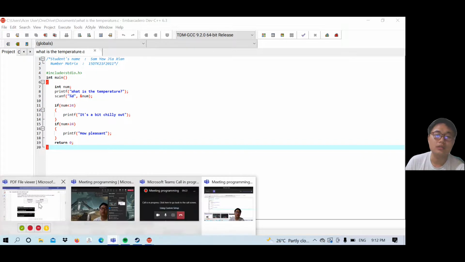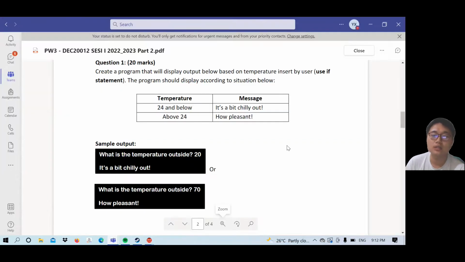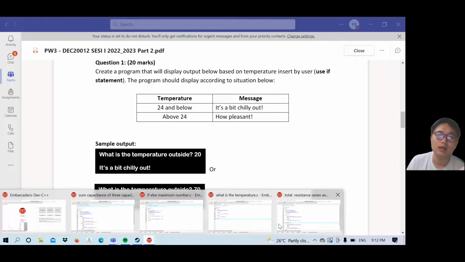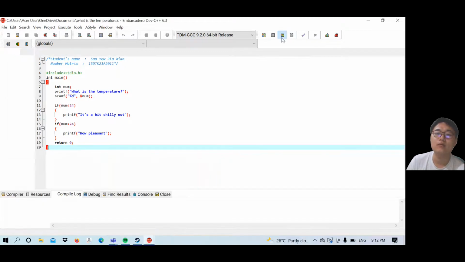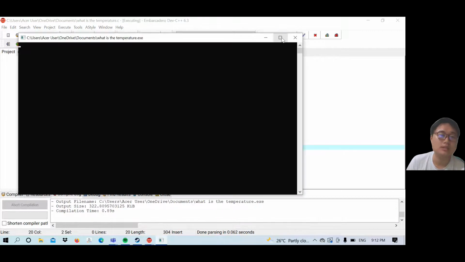In the question, it gives me two temperatures, 20 and 17. So I'm going to type the output by clicking the compile and run button. By clicking the compile and run button, I'll get this.